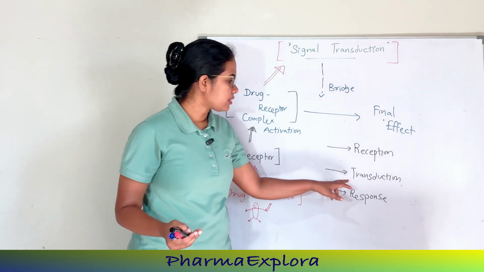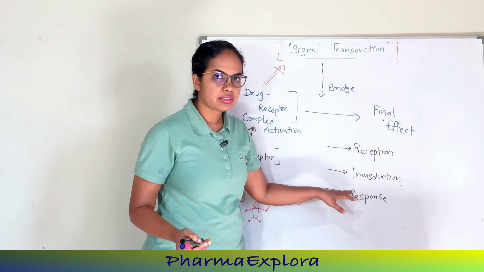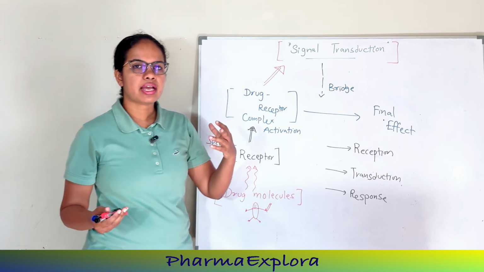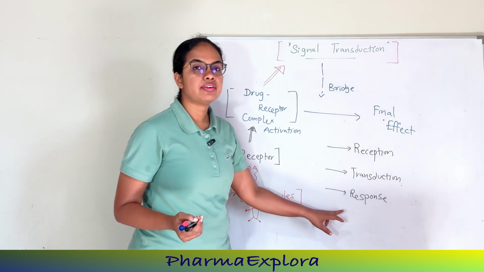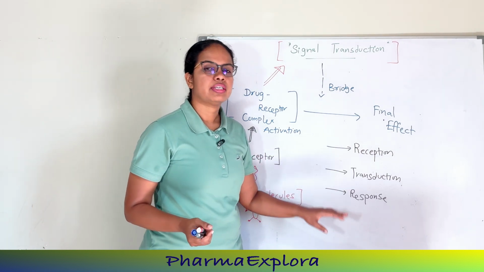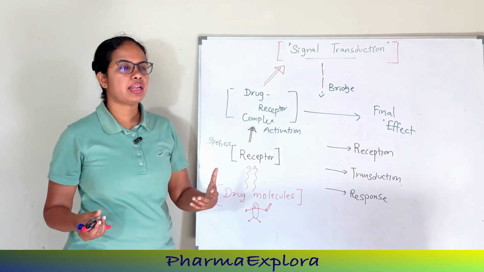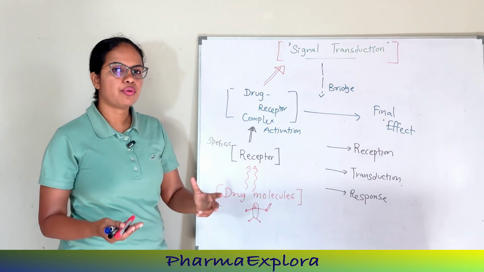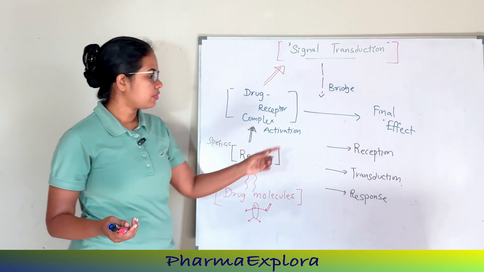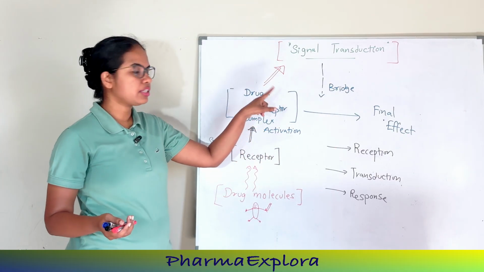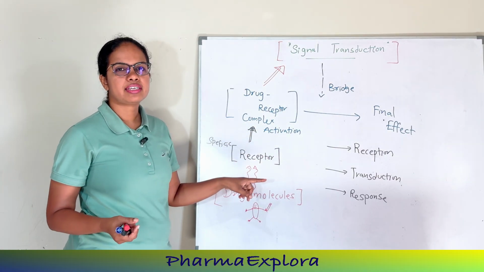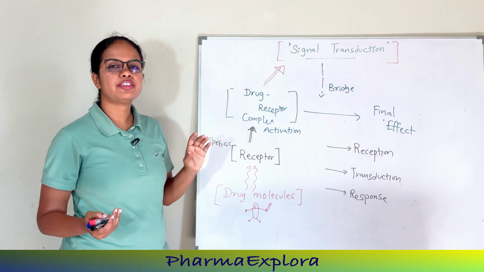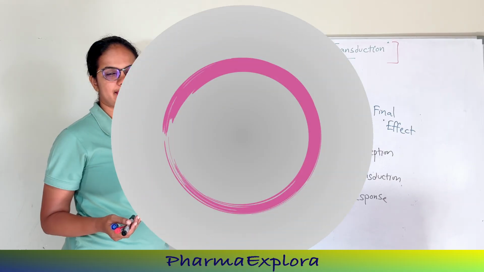So once the series of biochemical and molecular level activities happen through the transduction, the response occurs. The response can be like opening an ion channel or activating a hormone. That is the response to this activation of the drug receptor complex. So this is what we call the signal transduction process.